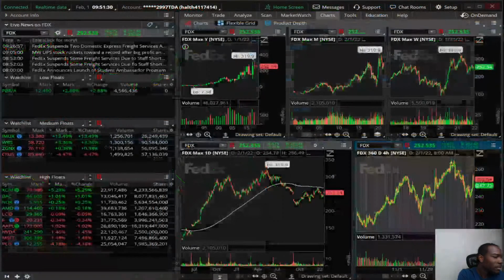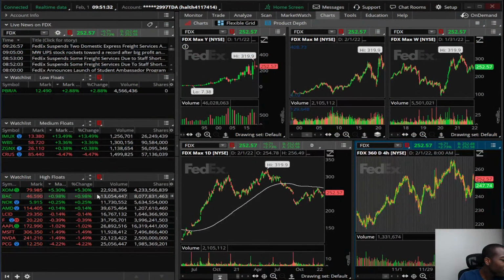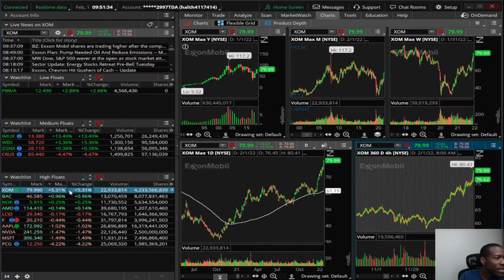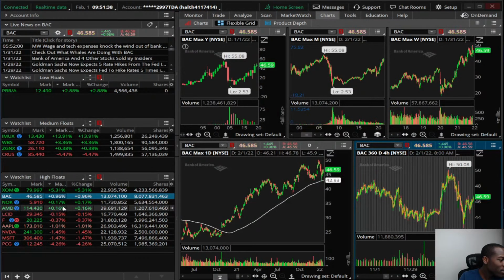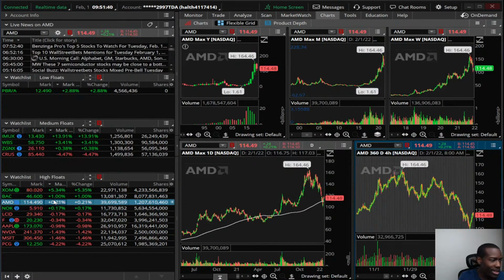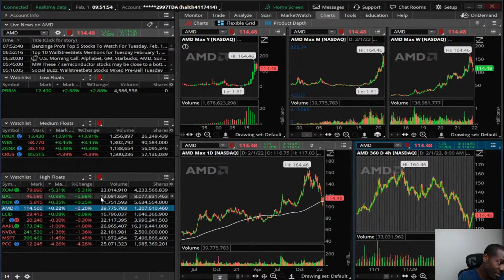Okay, so again, nothing new popping up on the scanners, just Exxon Mobil 5%, which is not impressive. AMD. Now these scanners that I have are looking for volume, but after volume they're looking for percentage, and after percentage they're looking for different indicators.